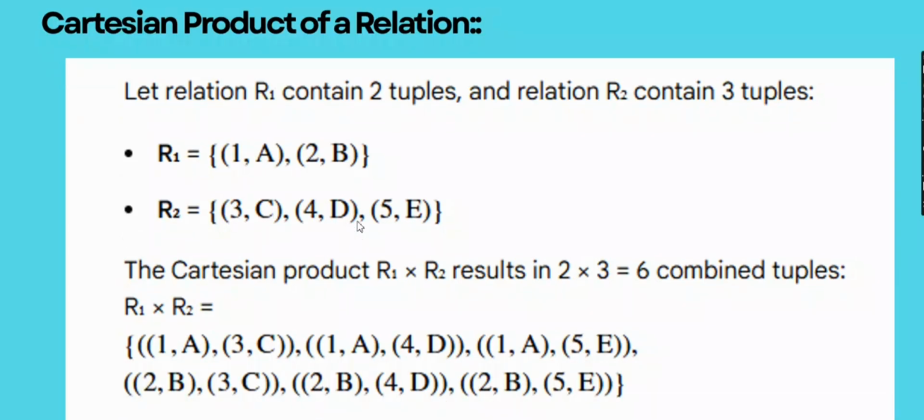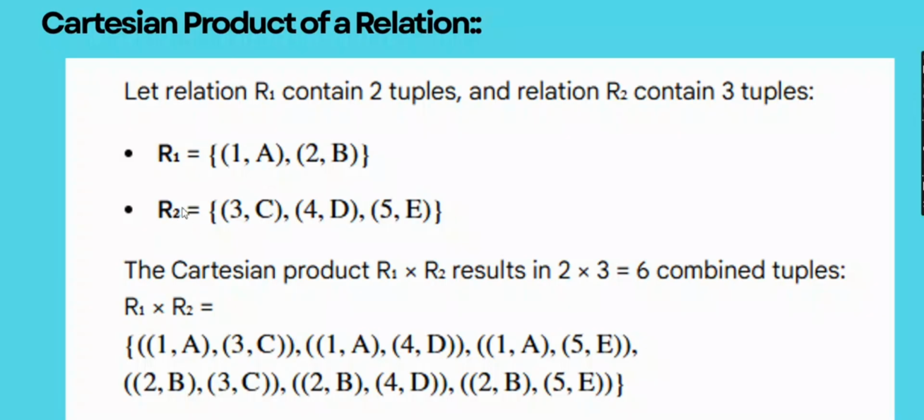Okay, see, this is called a Cartesian product value. So see here we have represented two types of relations, R1 and R2. R1 is nothing but relation 1, R2 is nothing but relation 2. So R1 is holding certain values, that is 1 comma A and 2 comma B. Okay, so what is R2?